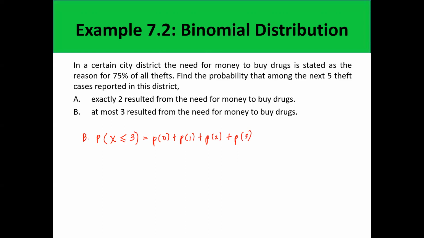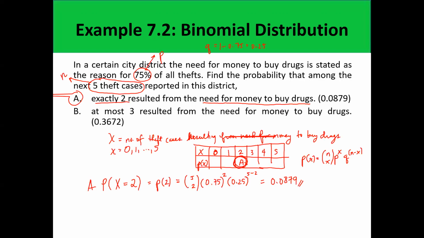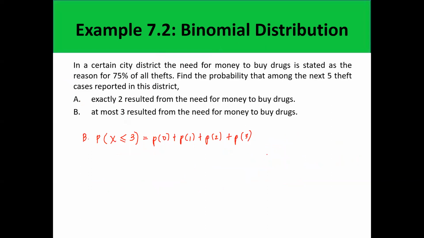Now, if we go back to the table in the previous slide, item B would mean that we're going to get the sum of these 4 probabilities. However, in this example, we can also treat this problem as 1 minus the sum of the probabilities that x equals 4 and x equals 5.